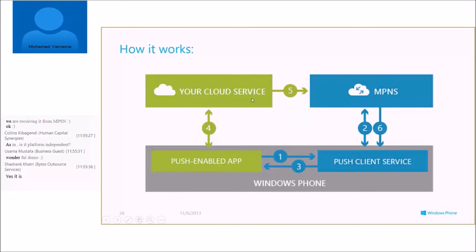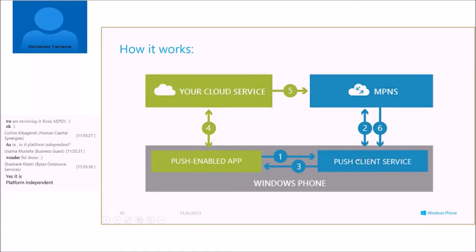So if you're planning to create a push-enabled application, you need a cloud service to send the data you'd like to communicate, and you need to develop an application that receives this data. The ones in blue are already implemented by Microsoft: the Microsoft push notification server and the push client service on your device. So you don't have to worry about these things.